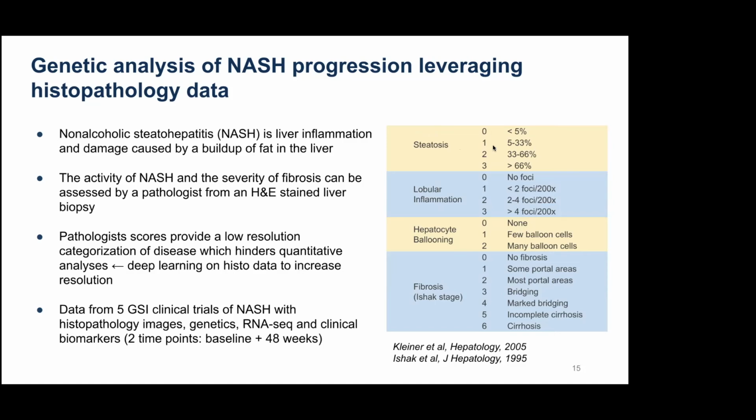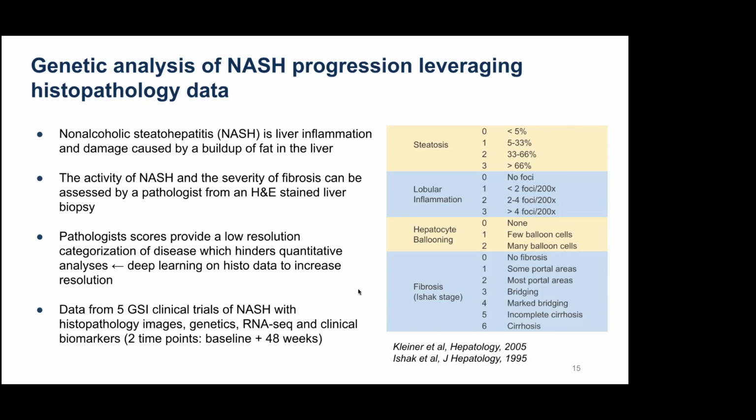And as you can see, these scores are discrete. They capture the phenotype in a coarse way. And if you perform quantitative analysis, for example, genetic analysis of these scores, these tend to be underpowered because of this discrete characterization of disease.